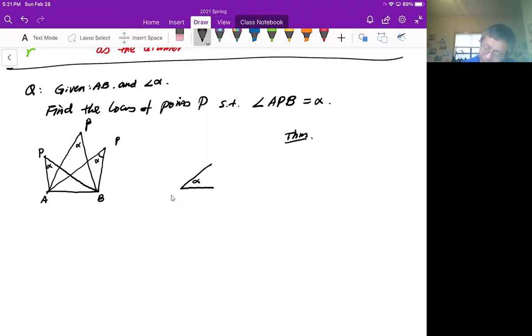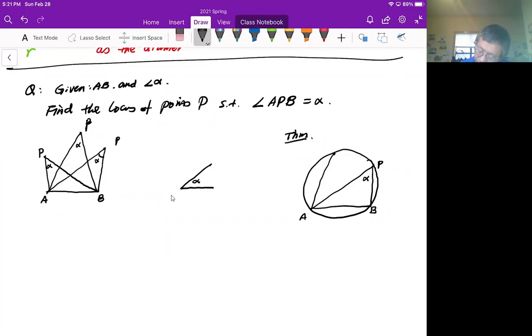The theorem says that if I have a circle, and suppose this is my AB, and this is an alpha angle at P, how about the other points? If I pick any other point Q, the question is what happens to this angle?